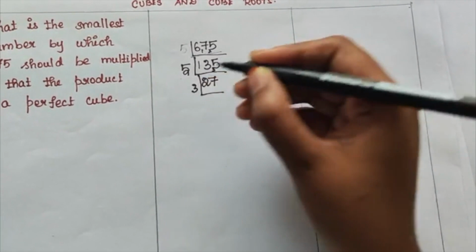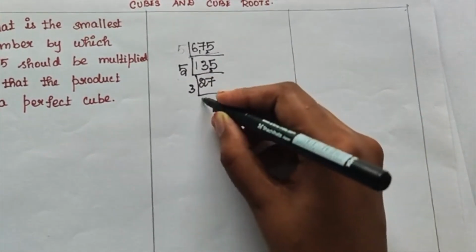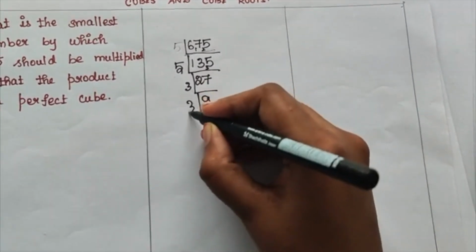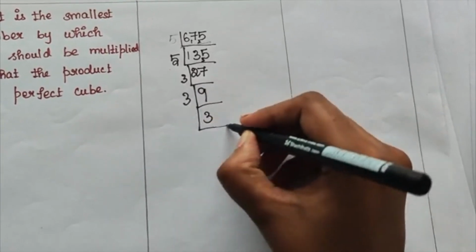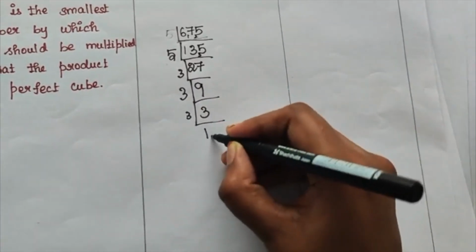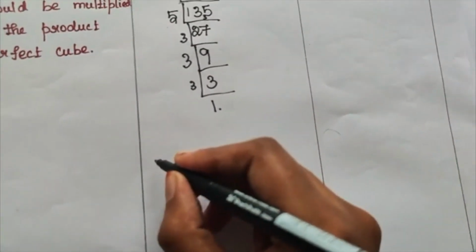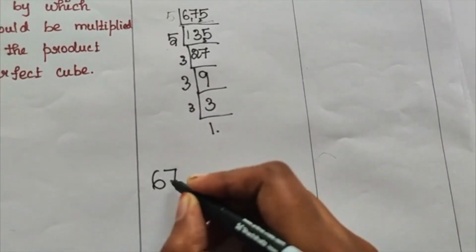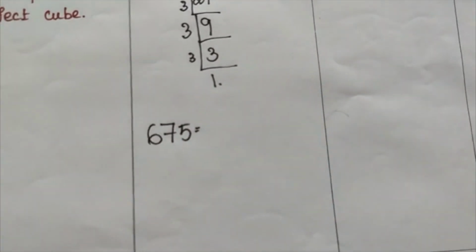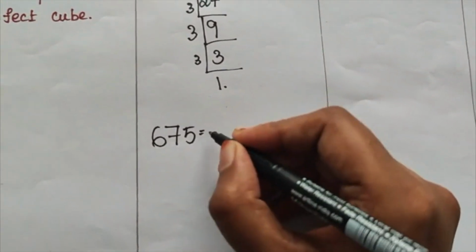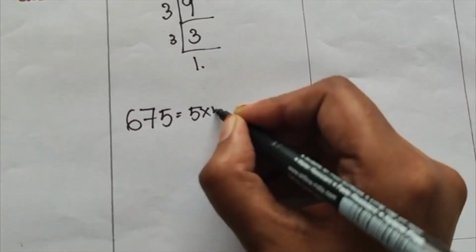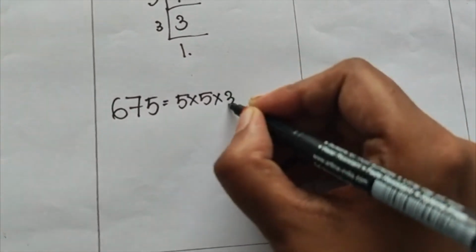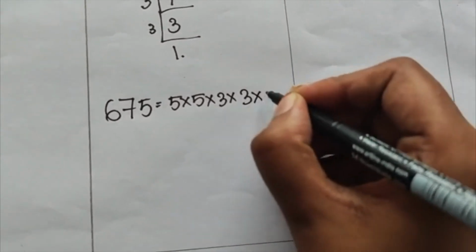Now I can use the 3 table. If I use the 3 table, it is 3 times, 9 times, again the 3 table, 3 times, 3 table, 1 time. So let me express this. 675 can be written as 5 into 5 into 3 into 3 into 3.